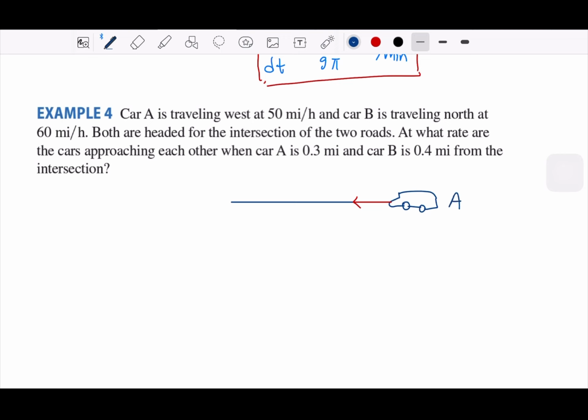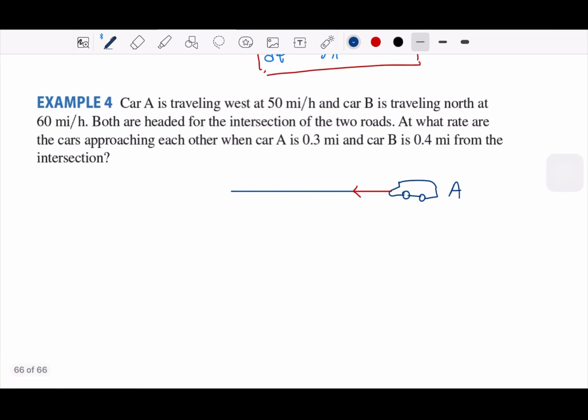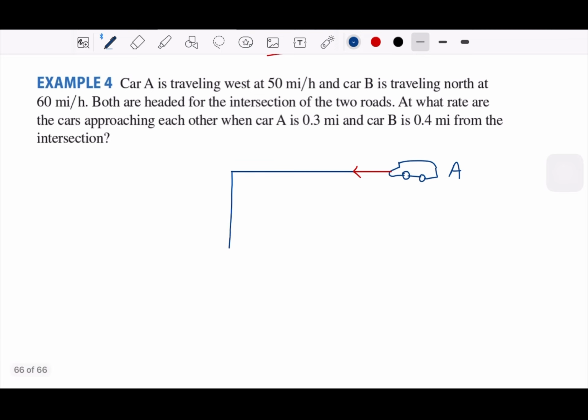So let's say this is A. And another one, let's say this is the car. This is B. Okay.